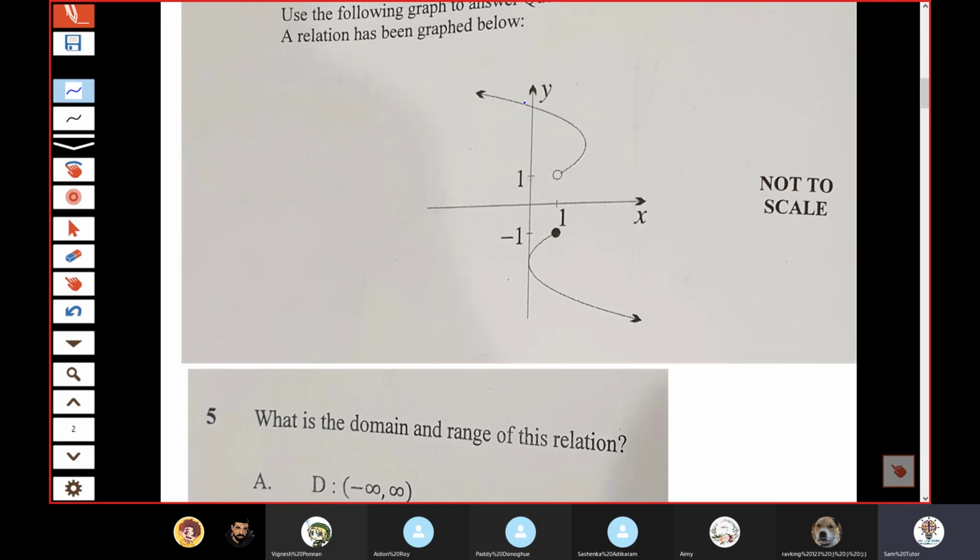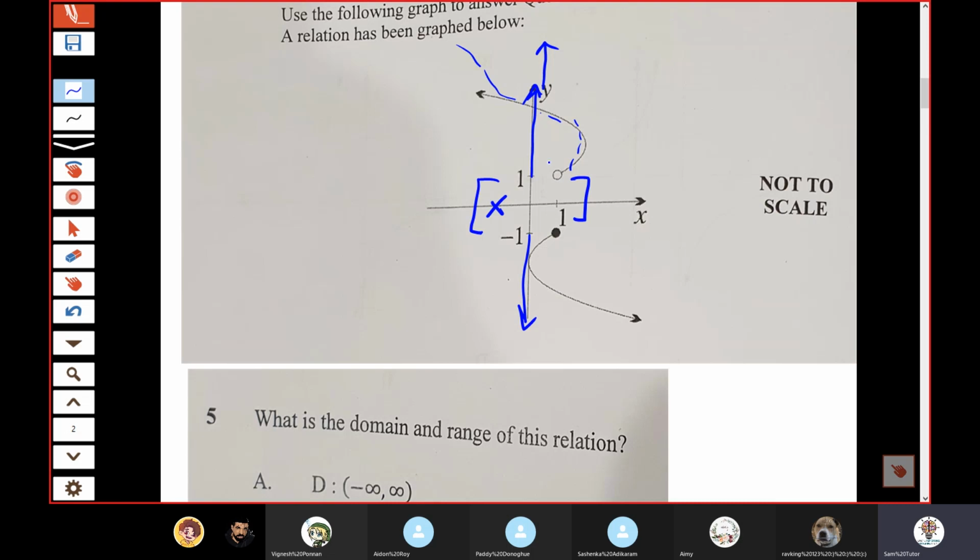Range. Can my y value be anything? Well, it looks like it can be anything above 1, right? All of these numbers work. It can be anything below -1, but it can't be anything in here. This doesn't work. There's no y values there.